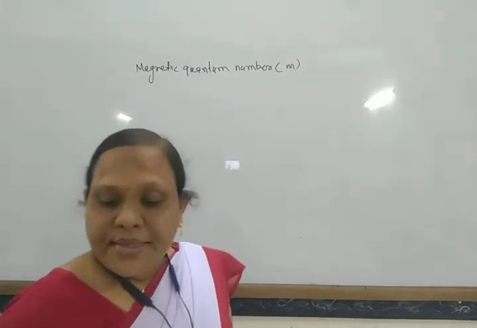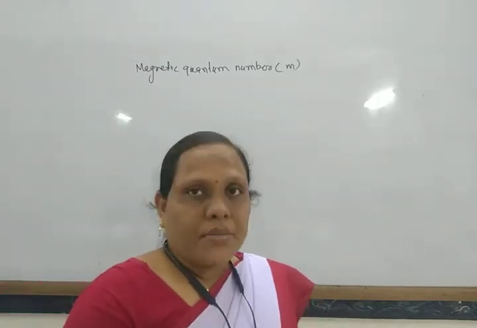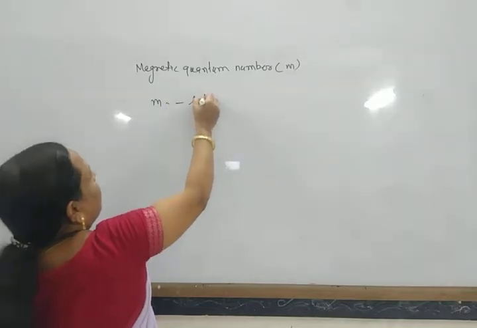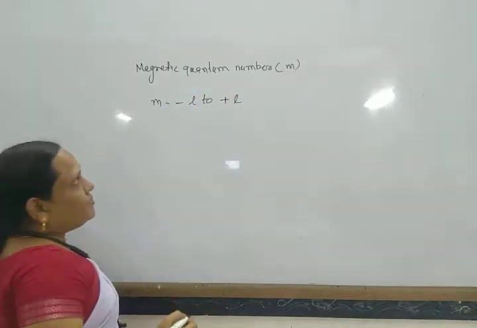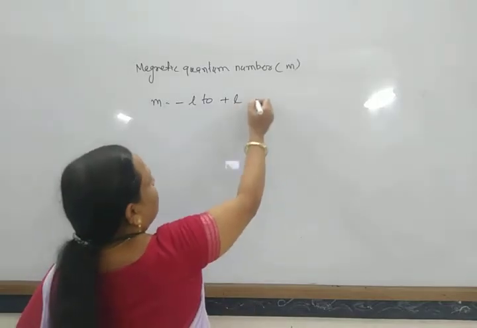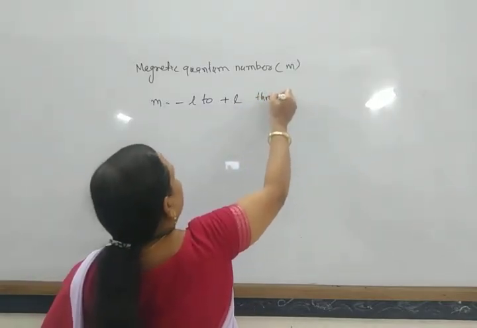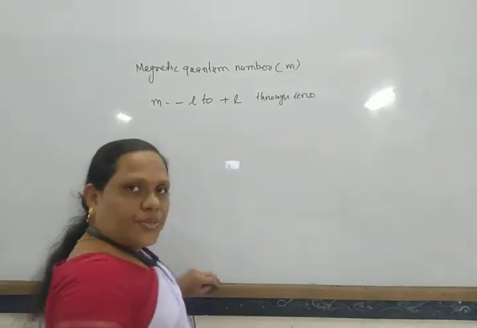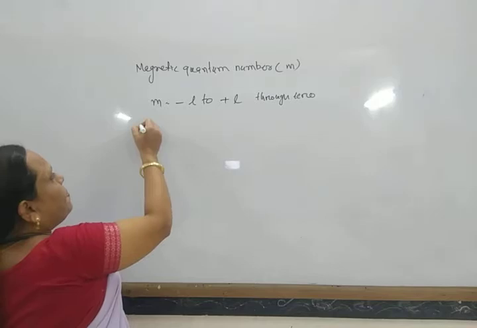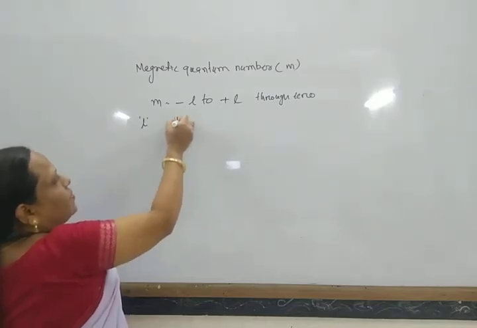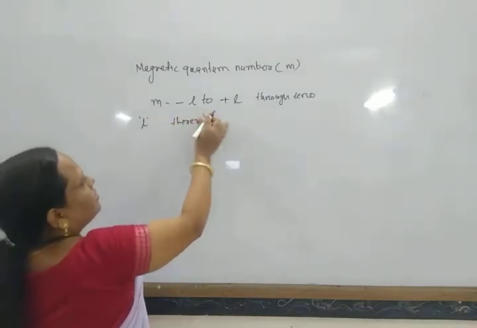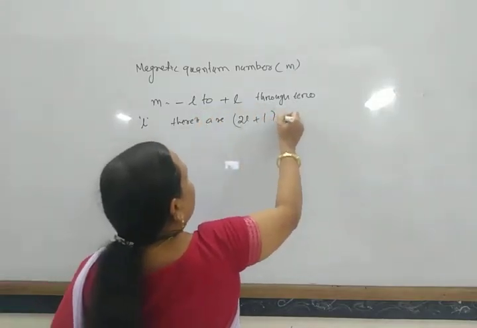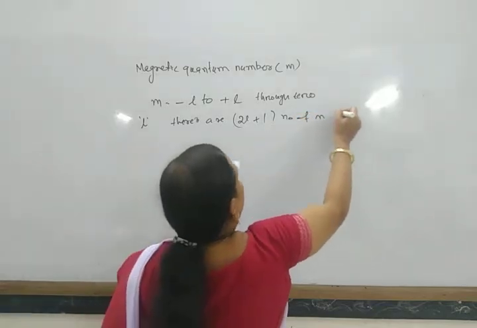It is related to the azimuthal quantum number by the relation m equals minus l to plus l through 0. For a particular value of l, there are 2l plus 1 values of m.